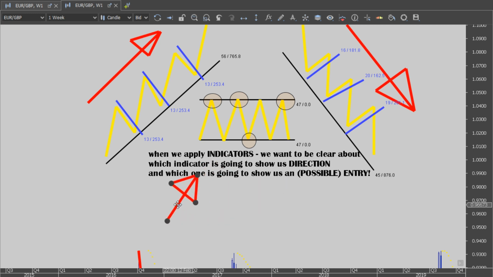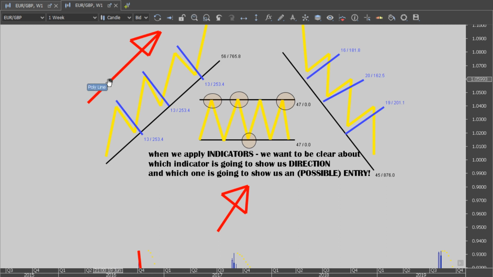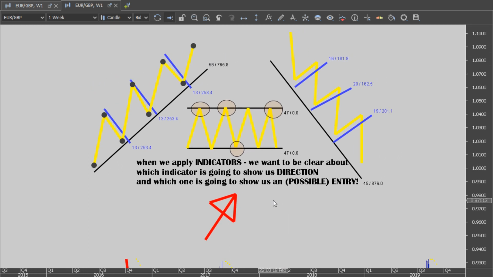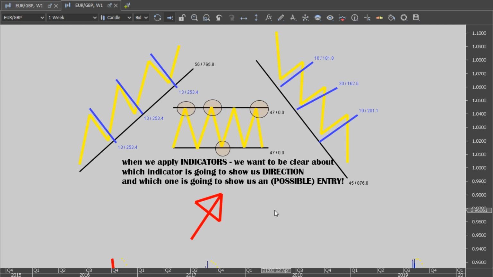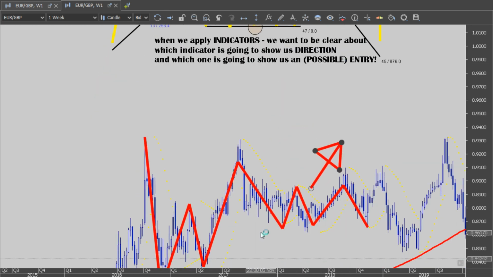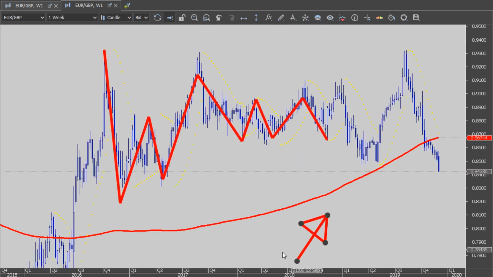Okay, if you want, of course it's your decision, everybody, you can put on your chart, as a part of your strategy or system, indicators. You can have indicators for the direction if you want, and you can put the indicator for the entry, and there is no right or wrong.